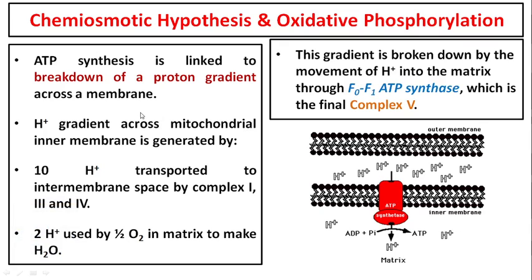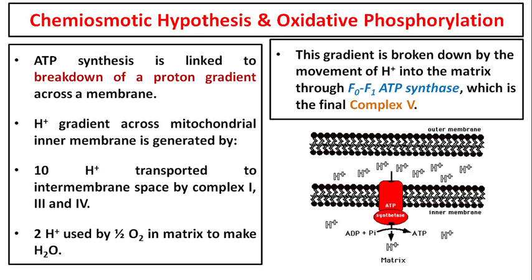So the H plus gradient across the mitochondrial inner membrane is generated by what? Ten H plus, or ten protons, are transported to the intermembrane space during electron transport from complexes 1, 3 and 4.